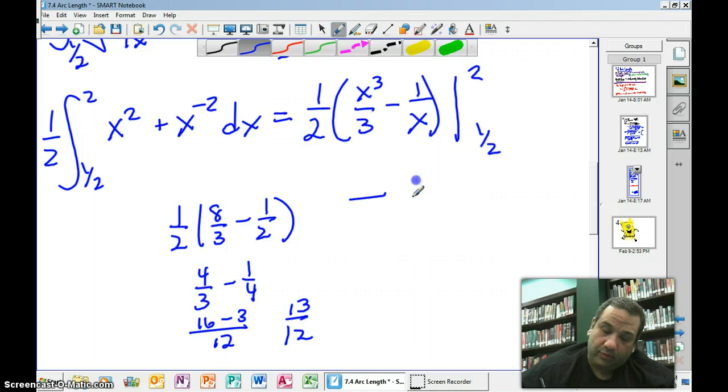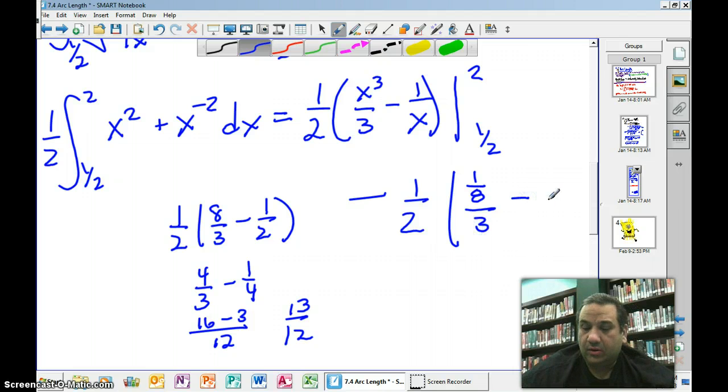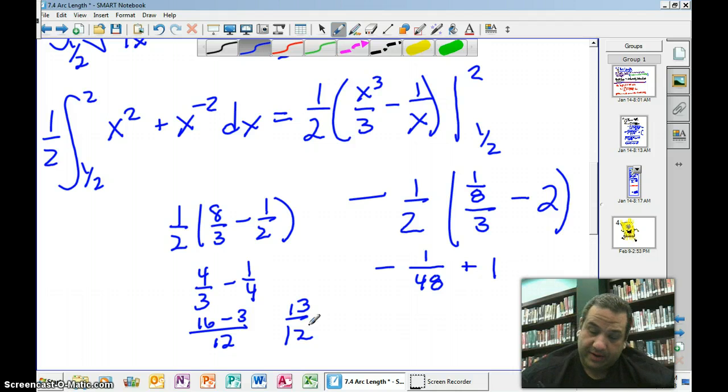So I'm going to get 1/2 times 1/8 over 3 minus 1 divided by 1/2, which is 2. So this becomes minus 1, this was 24, now it's 48. And this becomes plus 1.